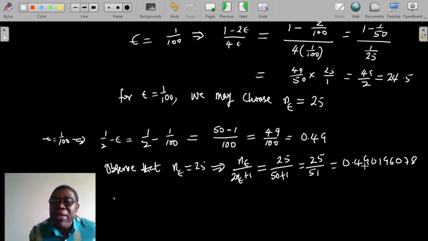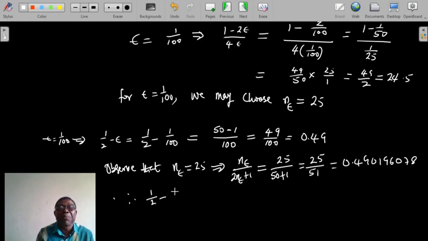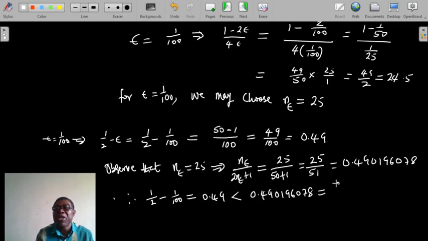But the interesting thing here is we have therefore that 1 over 2 minus epsilon, which is 1 over 100, equals 0.49, is really less than 0.4901960078, which is equal to 25 over 2 times 25 plus 1.